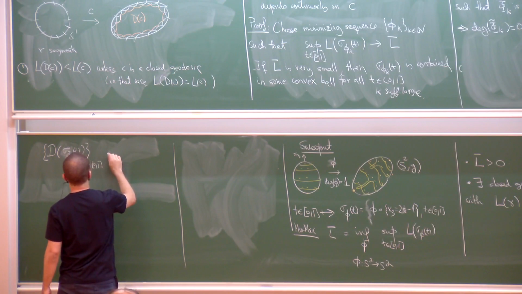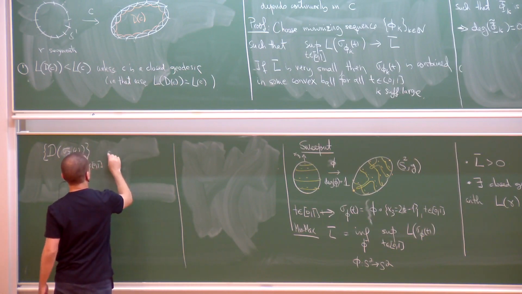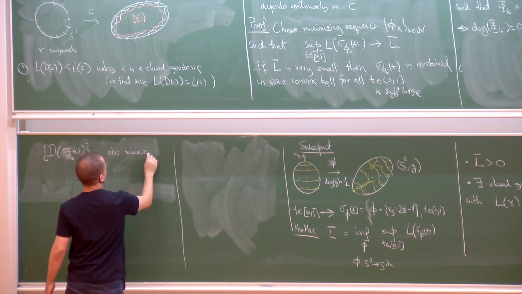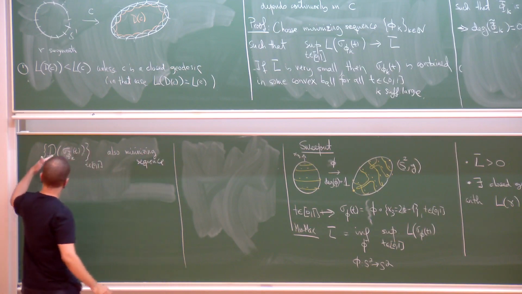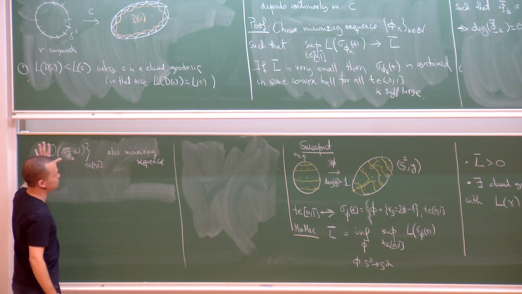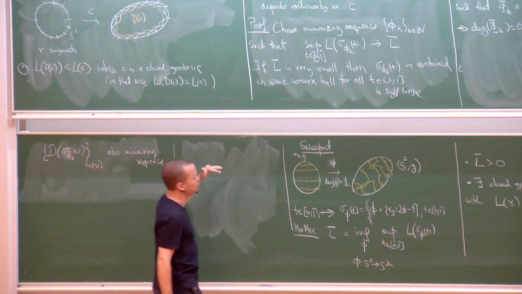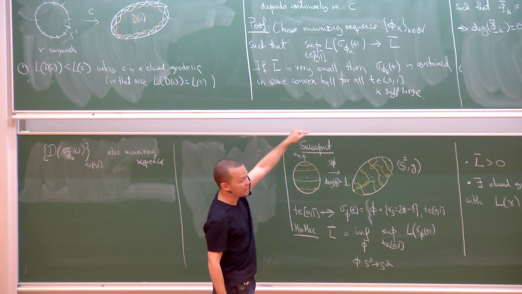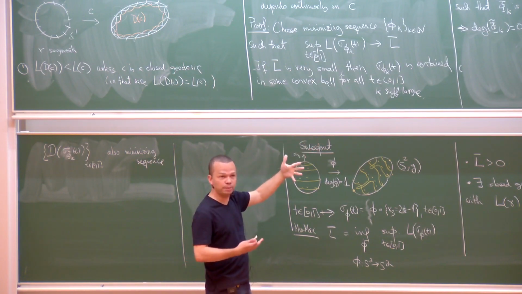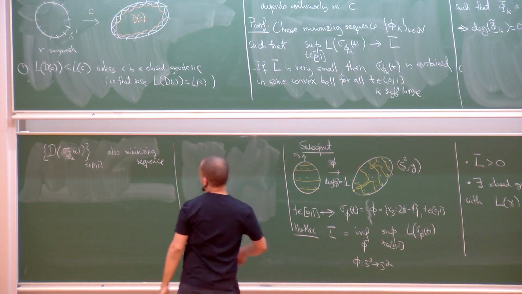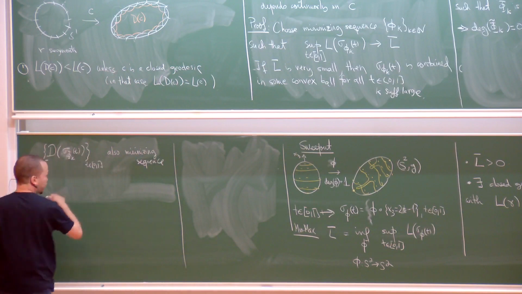Also, the corresponding maps are a minimizing sequence. Well, why is that? Well, because first, the length always goes down, right? So the sup of the lengths of these sweep outs now has to converge to a number which is going to be less than or equal to L bar. But it cannot be strictly smaller than L bar because these are sweep outs. So L bar is the optimal number. So again, the sup of the lengths of these has to converge to L bar.